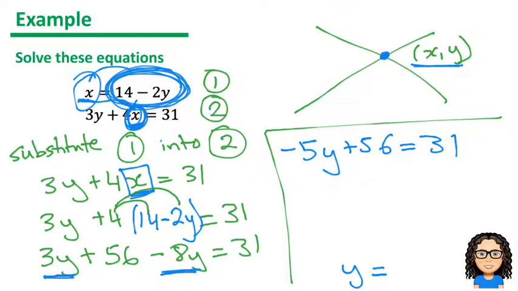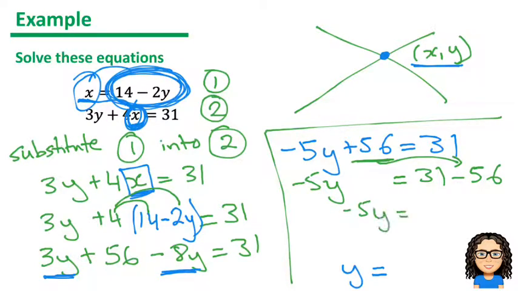So I need to take that 56 value to the other side as my next step. So I'm going to leave the minus 5y alone, equals 31, that gets left alone, and that positive 56 gets moved across to become minus 56. And so that's going to give us minus 5y equals minus 25.